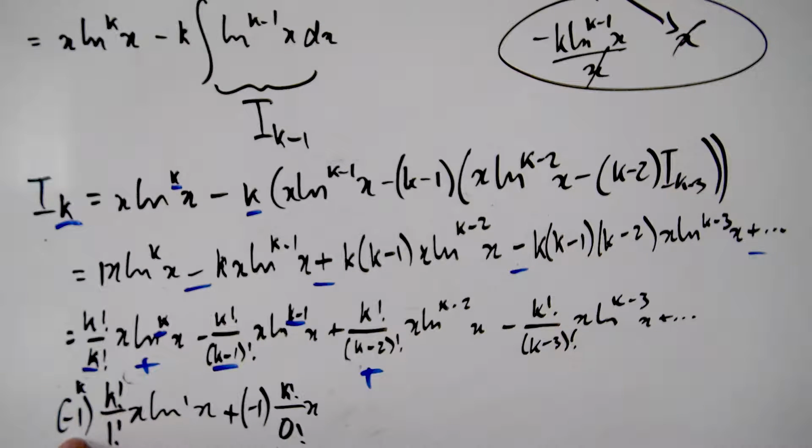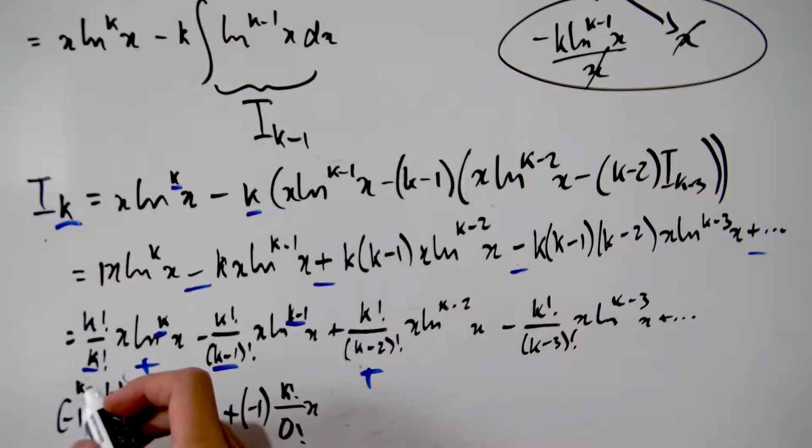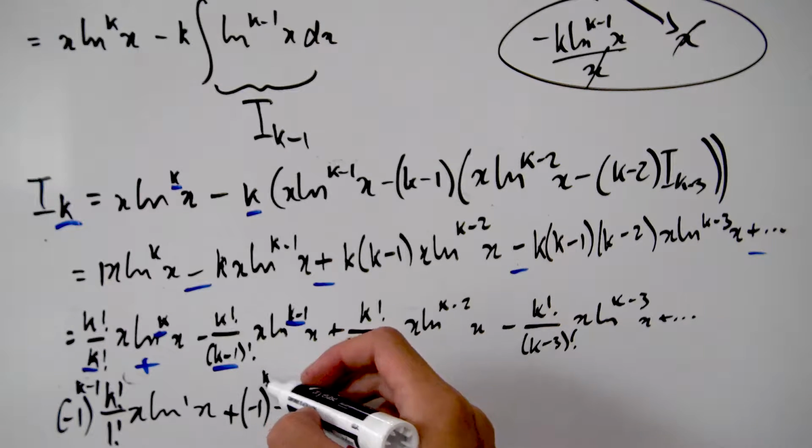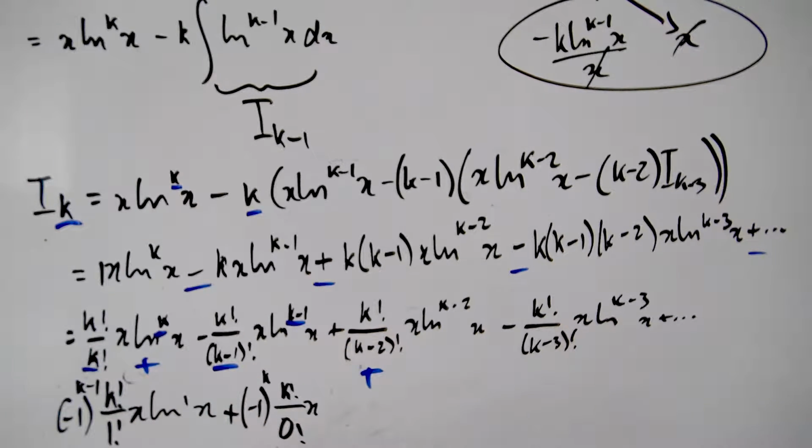And whenever you have minus 1 raised to an even number, we just get 1, or a positive. So what you have to do is add a minus or plus 1 here. And for this last term here, 0 is an even number. So what you can do is put a k here, because k is an even number, and this will turn positive. So we'll just put a positive in front here as well, because this will be negative anyways.